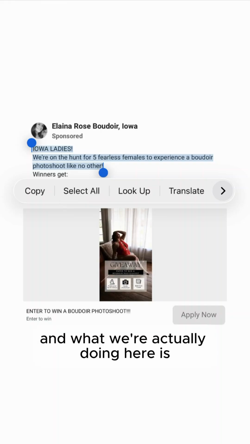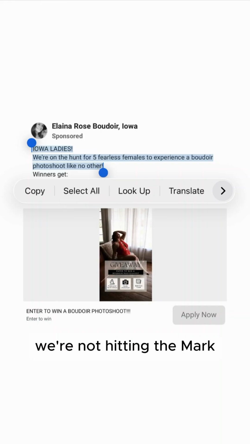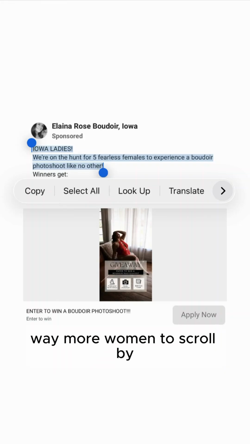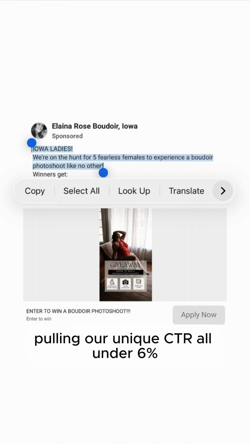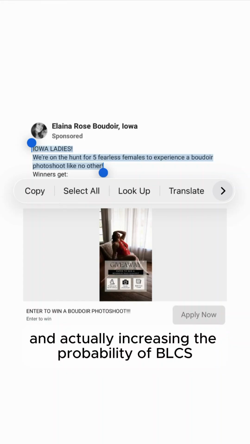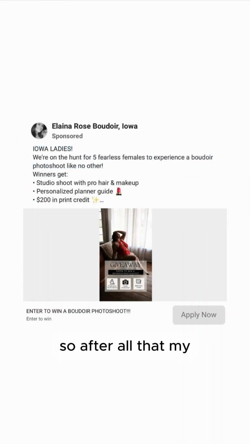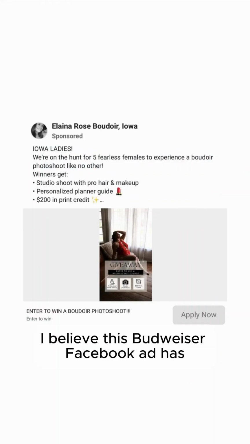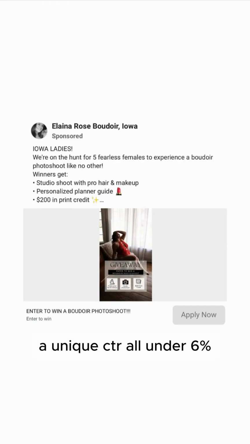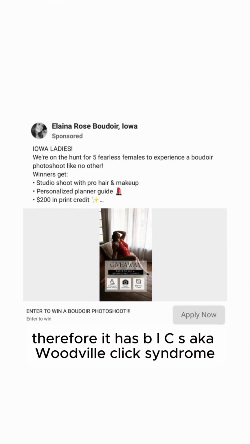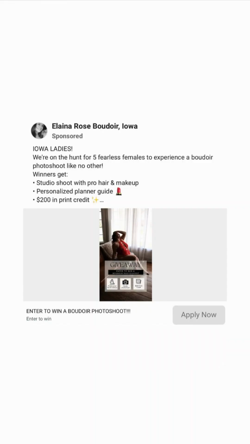What we're actually doing here is not hitting the mark, causing way more women to scroll by our Boudoir Facebook ad than necessary, pulling our unique CTR under 6%, and increasing the probability we have BLCS. So after all that, my diagnosis is I believe this Boudoir Facebook ad has a unique CTR under 6%. Therefore, it has BLCS, aka Boudoir low click syndrome.